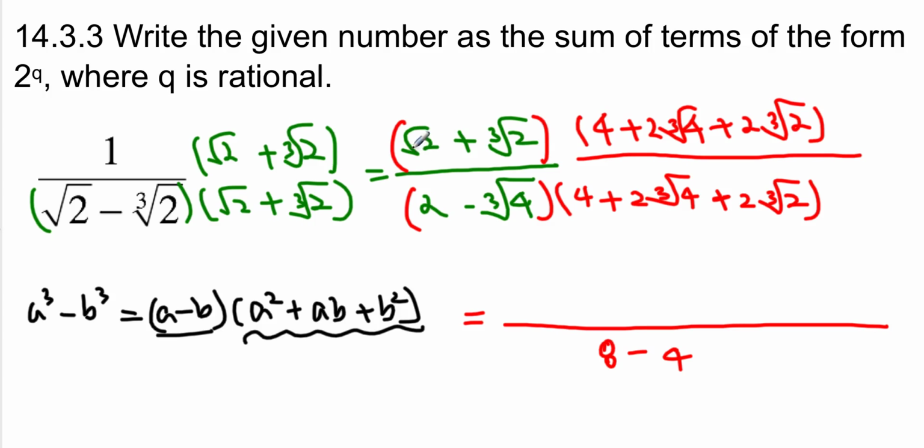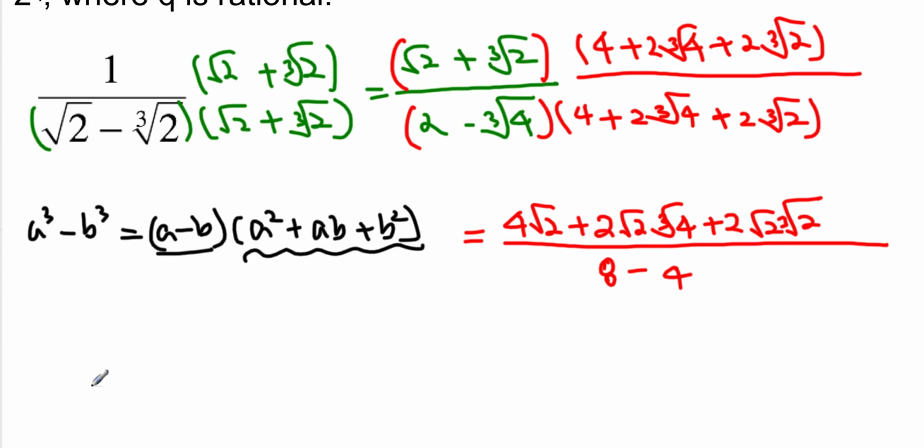When I multiply radical 2 to each one, I'll be getting 4 radical 2, and then here it becomes plus 2 times radical 2 times cube root of 4, and the last one becomes plus 2 radical 2 cube root of 2. Now I'm going to multiply cube root of 2 to all of them.